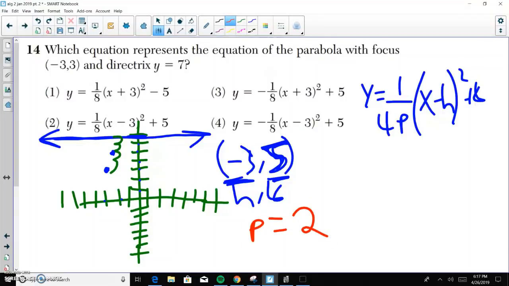In order to find that, you could do what we just did, 7 minus 3 over 2, and you get 2. Okay, so now what we have to do is, why don't we just graph the equation just to make it easier. So from the vertex, it would be going like that.